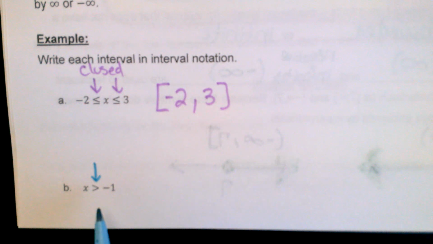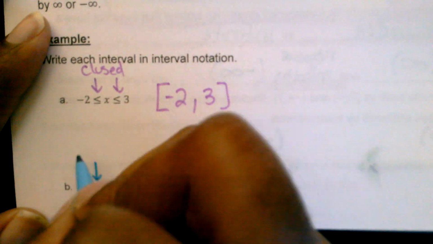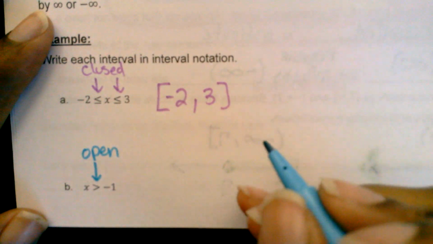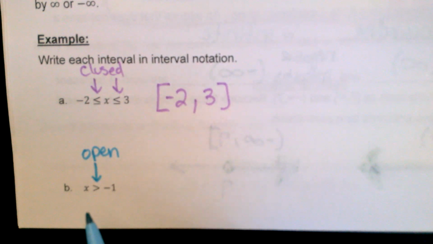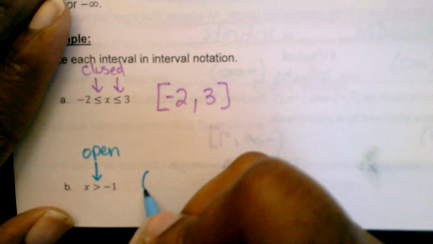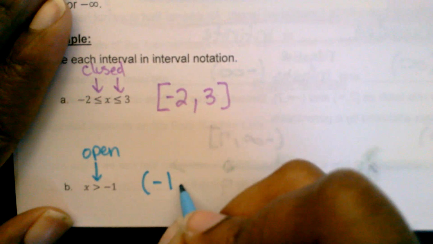Okay? All right, so B. This is x greater than -1. Is this open or closed? So this is telling me that all of my x values are greater than -1. Okay? So my first endpoint is going to be that -1. So open parentheses, -1.